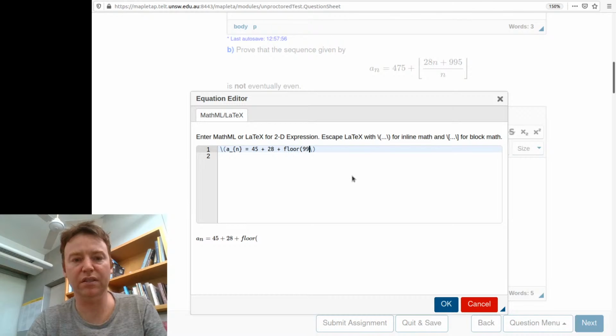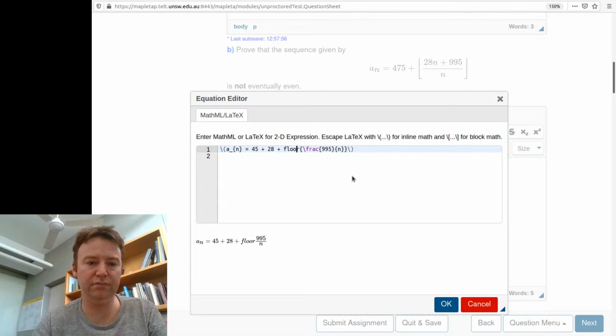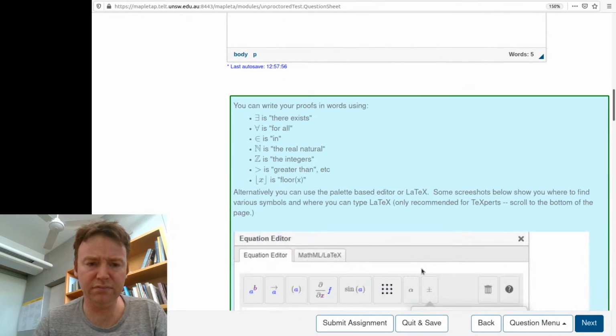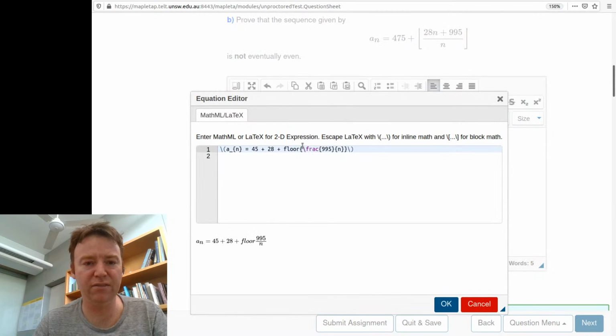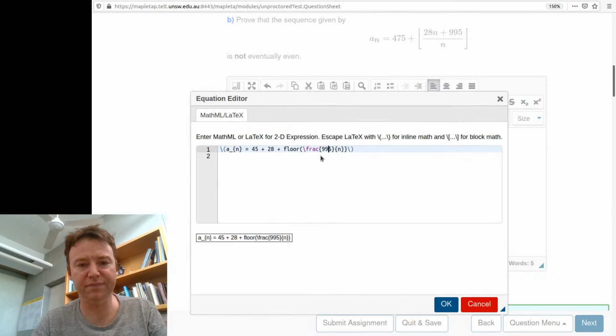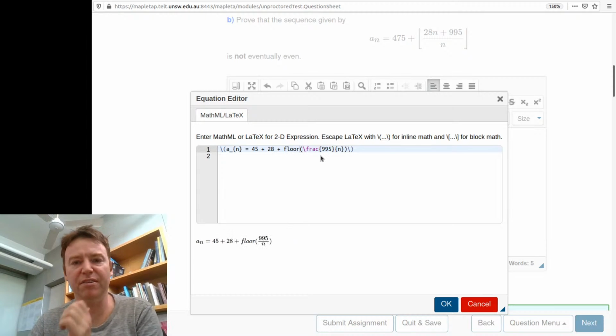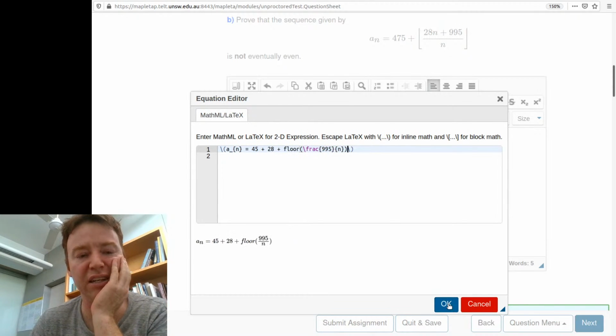Floor of 99 over 905 N. Okay, sure. I'll just leave it like that then. There are fancy ways to render it, but they say I can do that.